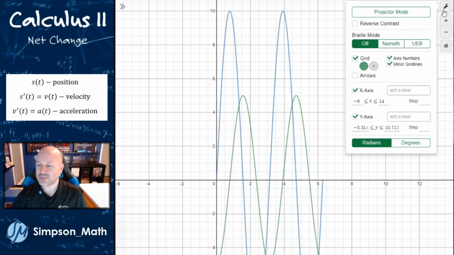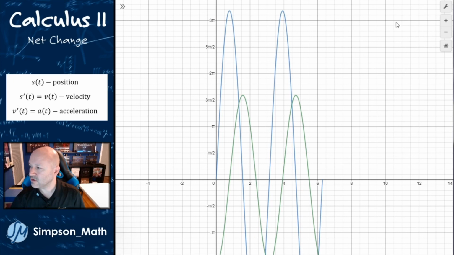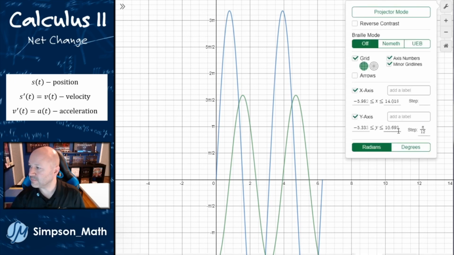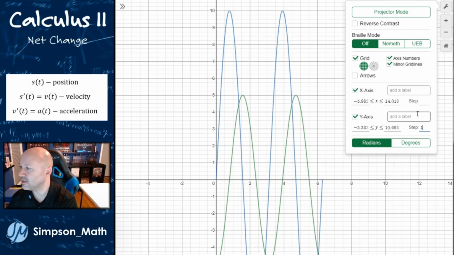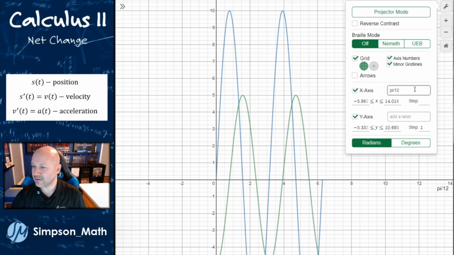I'll come to this wrench and say, let's make our y-axis the radian axis, or at least talk about it in pi 12th steps, maybe. Did not work like I wanted it to. Oh, not the y-axis. How about the x-axis in pi 12ths? Why am I having problems? I don't want you to label it.